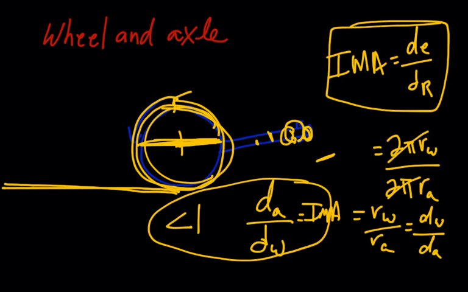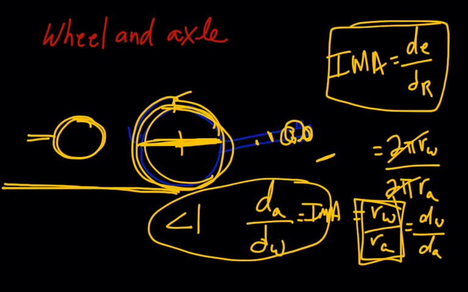Normally what we're doing is taking the radius of the wheel divided by the radius of the axle to get a force advantage. An example of this would be the steering wheel on your car. I can turn this big wheel to turn this axle, which turns the wheels, so I don't have to put much force in to get this to work.